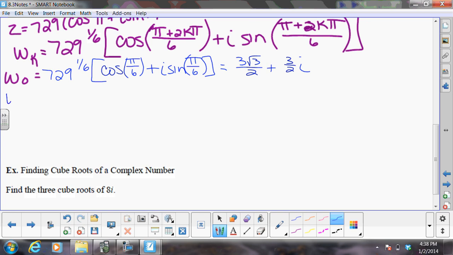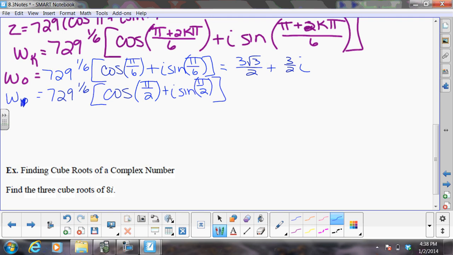Next one. Now we're going to do 1. So cosine, if we plug a 1 in for k now, we get pi plus 2 pi, which is 3 pi. 3 pi over 6 is pi over 2. I sine, this ends up being 3i if you want to evaluate it.